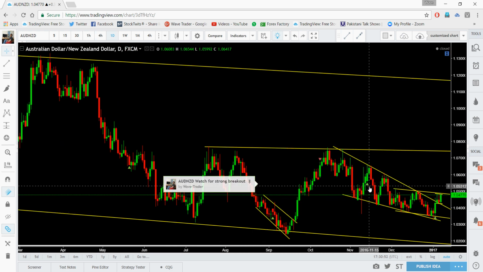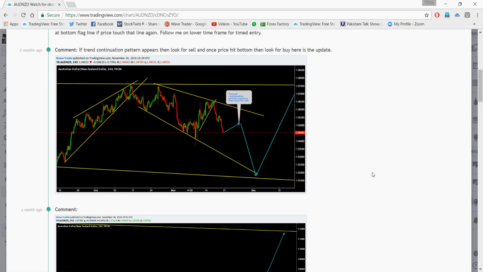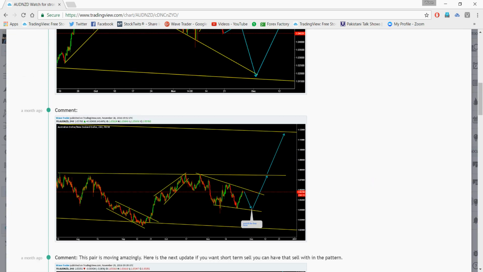Right, so we were tracking this pair for a very long time. Yeah, if you remember, it was forming something like a falling wedge. Okay, so the best place is buying at the bottom.